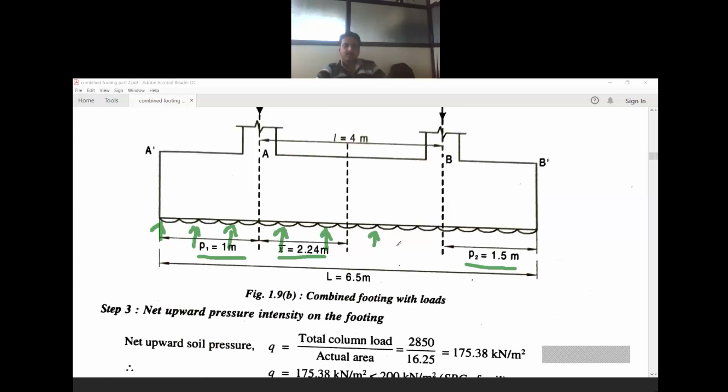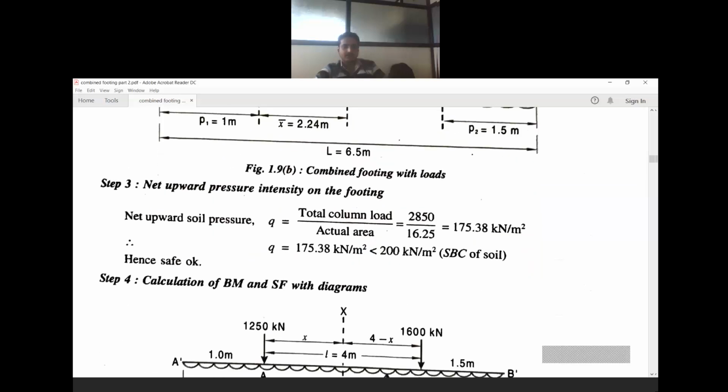Since the column and footing load are acting on the soil, there will be some reaction from the soil. This reaction we call upward soil pressure. We shall calculate it with this equation: total column load 2850 divided by actual area, 6.5 by 2.5, which is 16.25. So the soil pressure value will be 175.38 kilonewton per meter square.